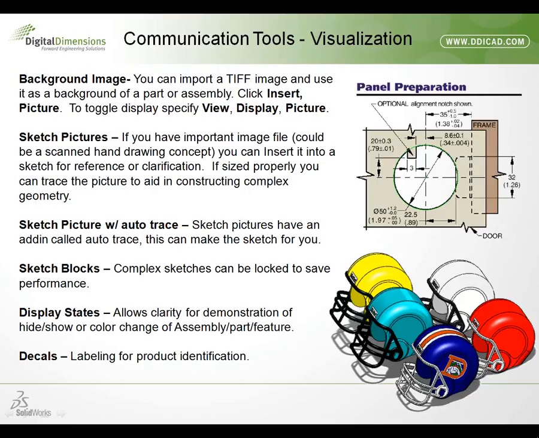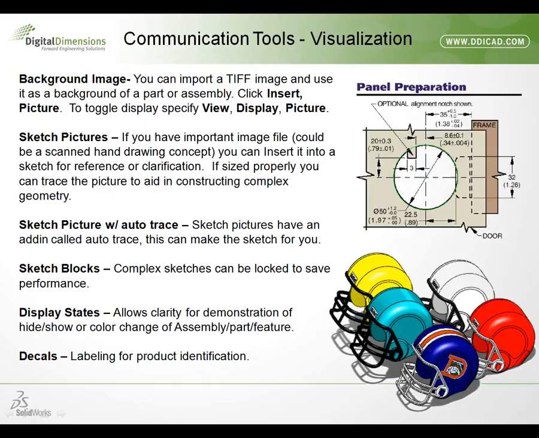Additionally, if you do get an image, then you may want to take it into a program like Photoshop and adjust the contrast so that you can specify between light and dark and have clear definition of the edges for your shape. In fact, if you pre-process your images well enough, SOLIDWORKS does have an auto trace function.